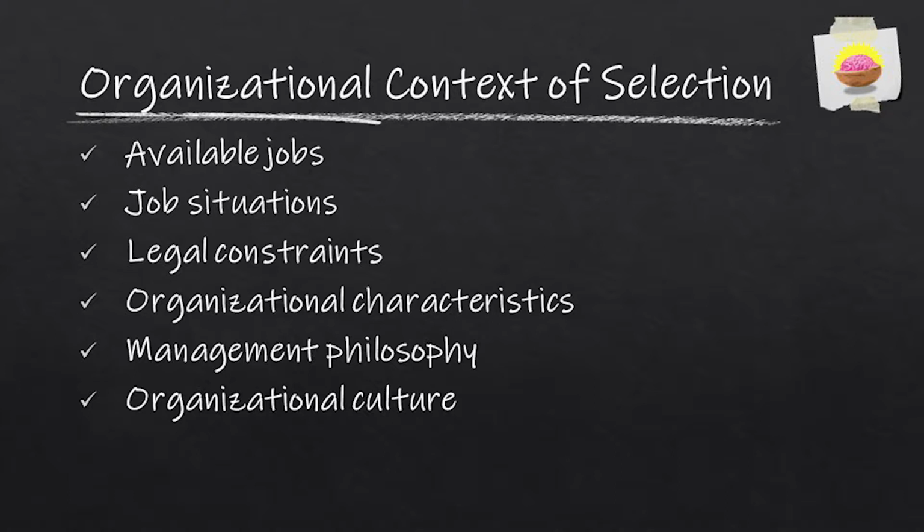So just to give you an example, available jobs and job situations, there might be many available jobs, but there are certain legal constraints about who you can hire for that job. I'll give you an example. Right here in Utah at this time, there are many jobs for MAs, medical assistants. I mean, they cannot find enough medical assistants. So, available jobs, many.